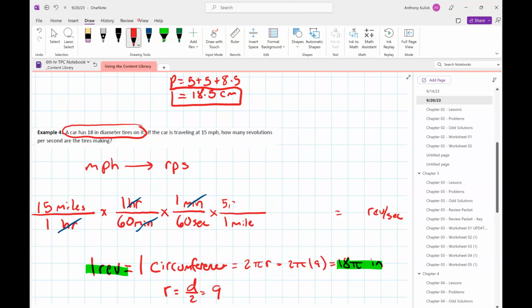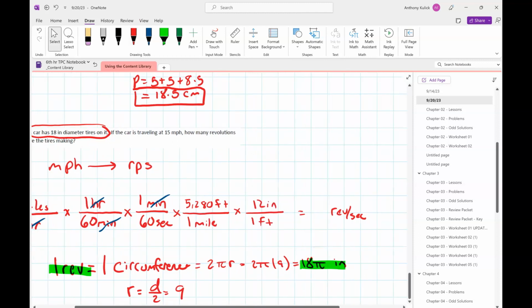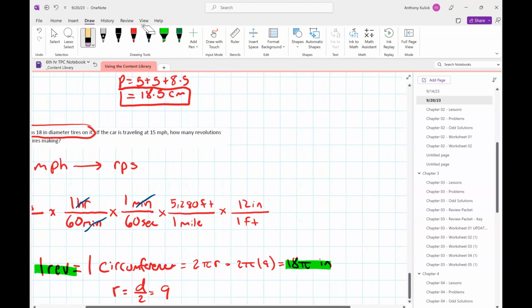I don't know how many inches it is, but I know it's 5,280 feet. And then I know 1 foot is 12 inches. And then I know I've run out of space here, so I'll just erase that for a minute. And then I know that 18 pi inches is 1 revolution.